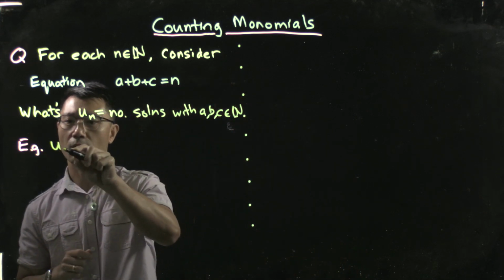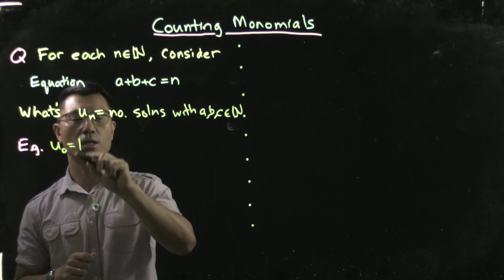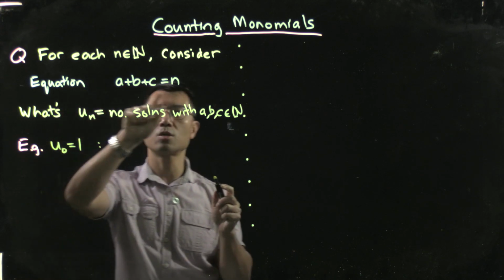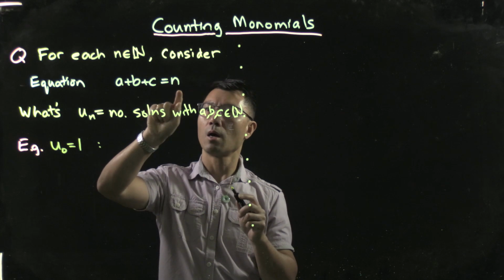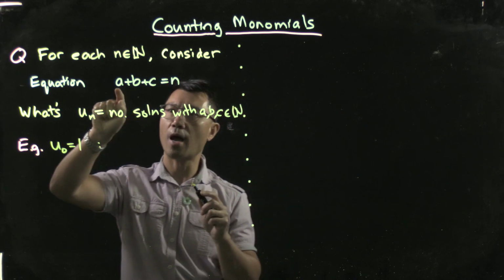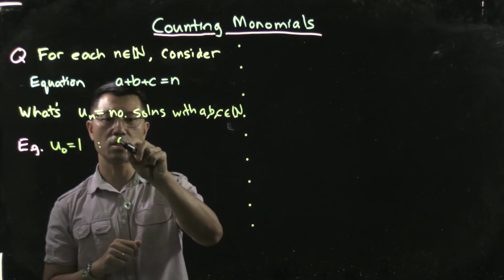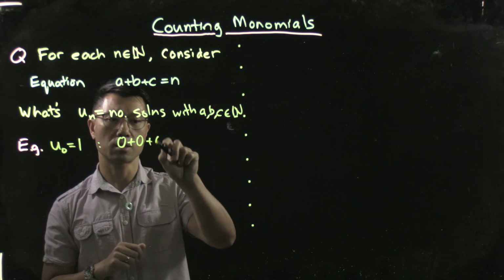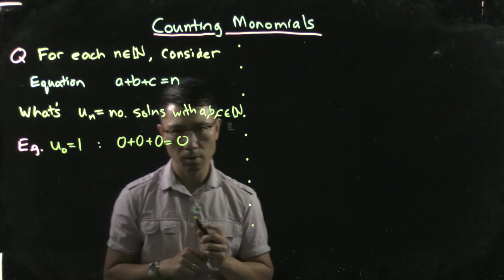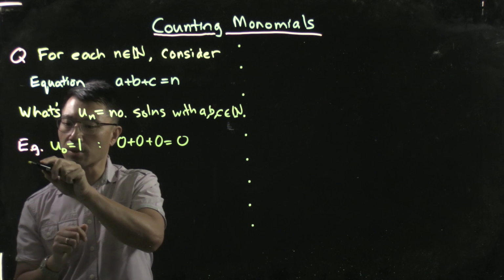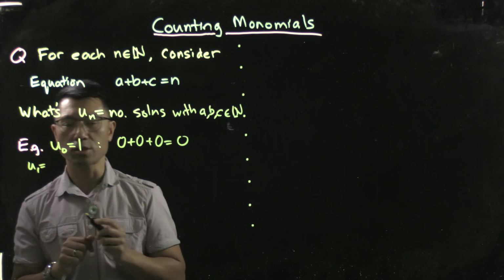What's u0? I claim u0 is equal to 1, because the only possible solution with n equals 0, if a, b, and c have to be non-negative integers, is 0 plus 0 plus 0 equals 0. Let's look at something a little more interesting. What's u1?